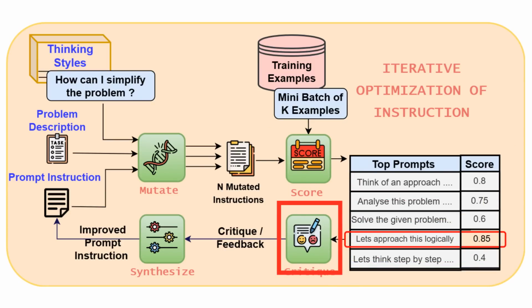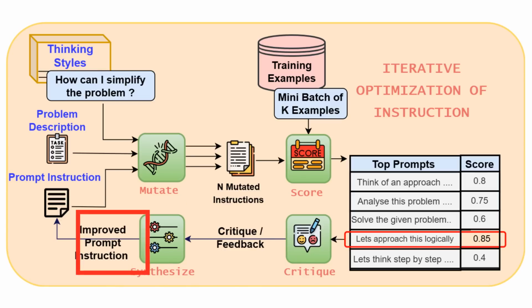So we can now critique and synthesize that to improve the prompt instruction. And then you can go through it again in a loop, because each time you're passing in a separate pass, you don't have to worry too much about passing in the same problem descriptions, etc. So this point is doing the mutation based on these thinking styles.